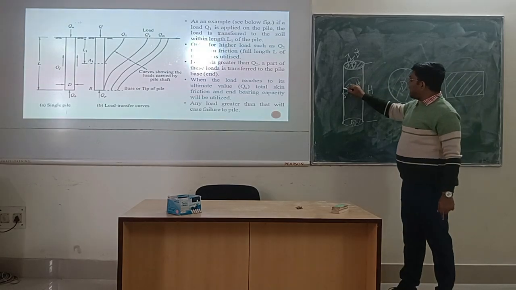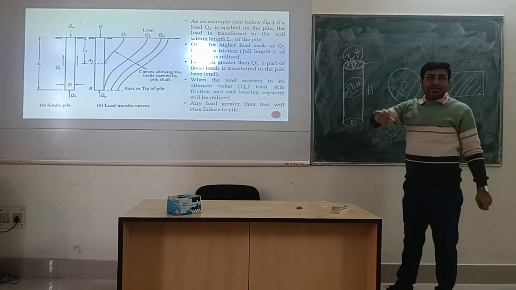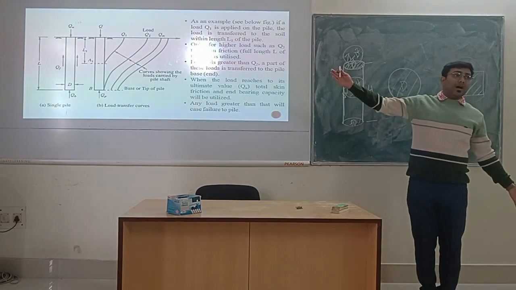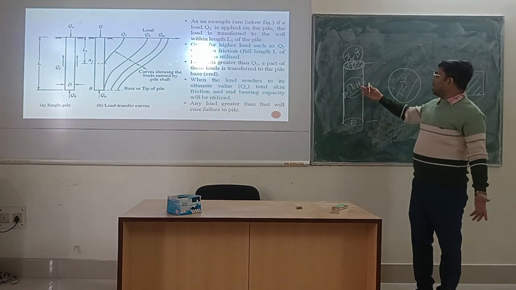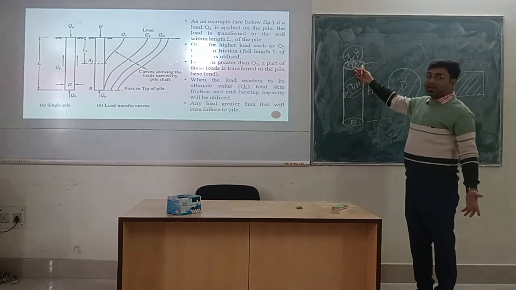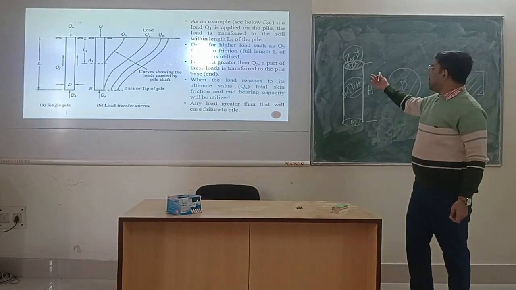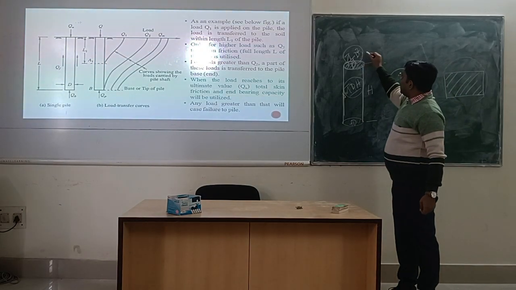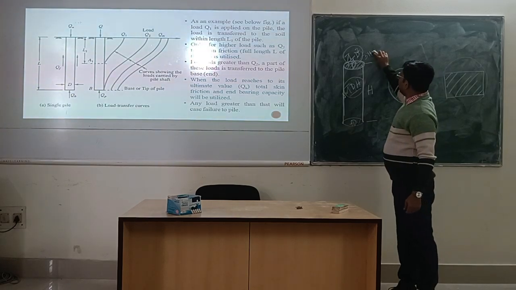Okay, so this pi d h is much higher than this pi by 4 d square, isn't it? Because maybe for a 20 feet pile, you can calculate. If this diameter is maybe 2 or 3 feet, then you can calculate. If this is 2 feet, then only pi, pi means 3 point something, 3.14 feet square.